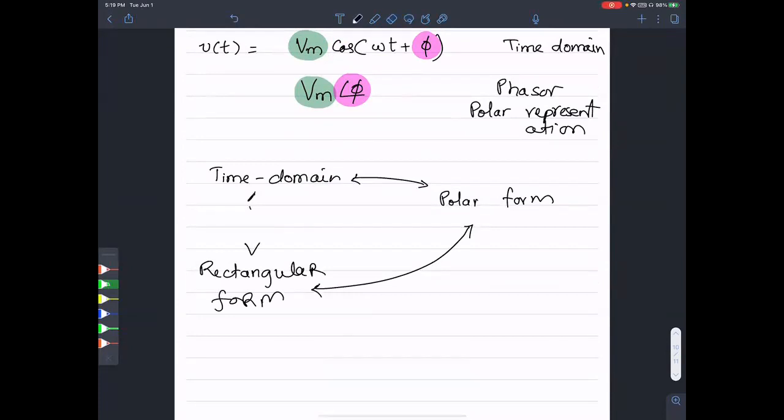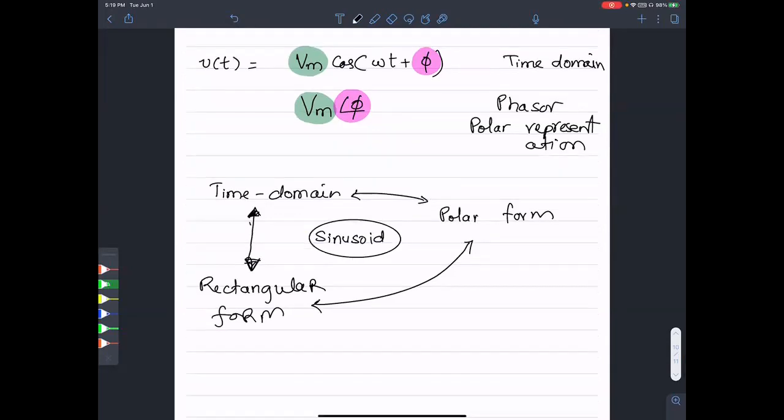If we clearly understand how to switch between these three forms, they represent the exact same sinusoid function. The sinusoid function can be represented in a time domain form, or in a polar form, or a rectangular form using complex numbers. Rectangular form or complex numbers.